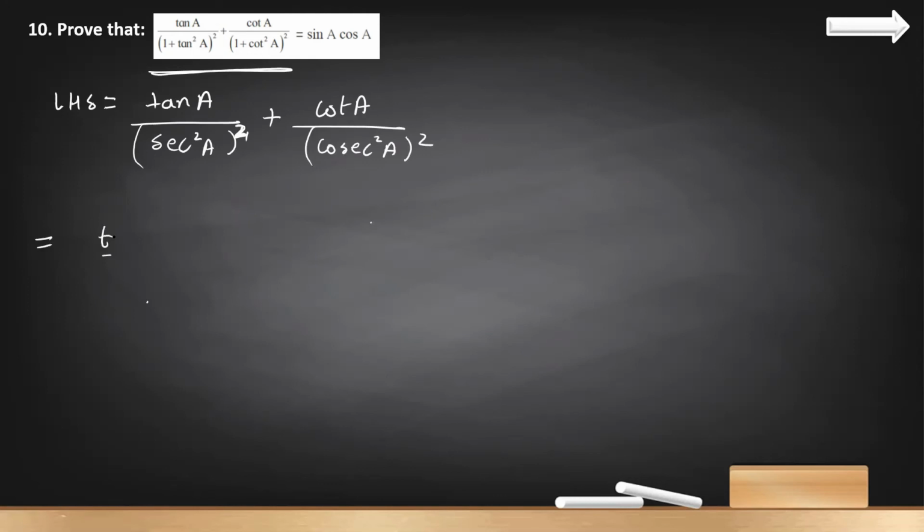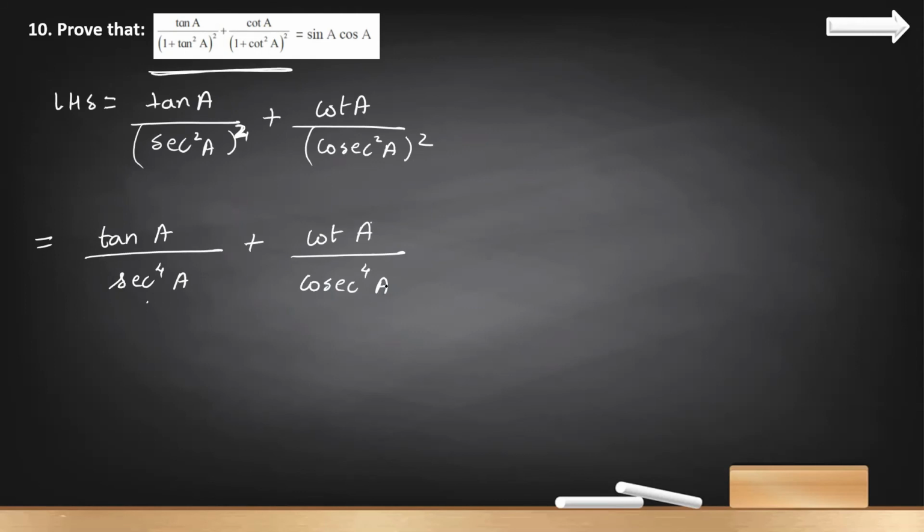So this can be written as tan A upon sec to the power 4A plus cot A upon cosec to the power 4A.